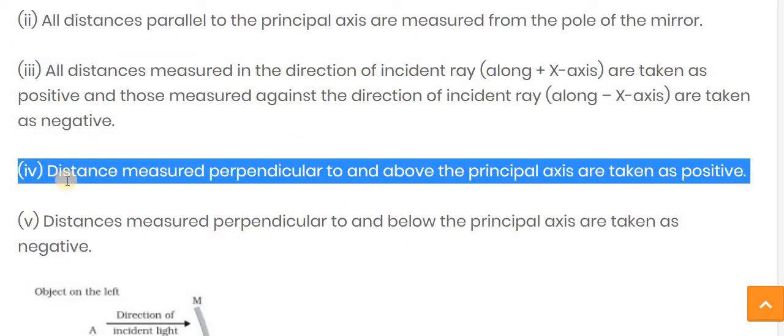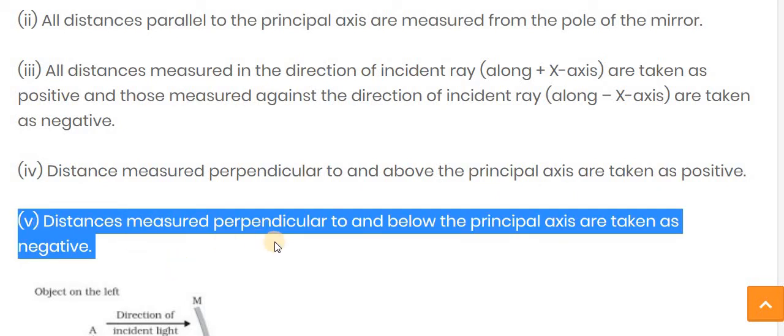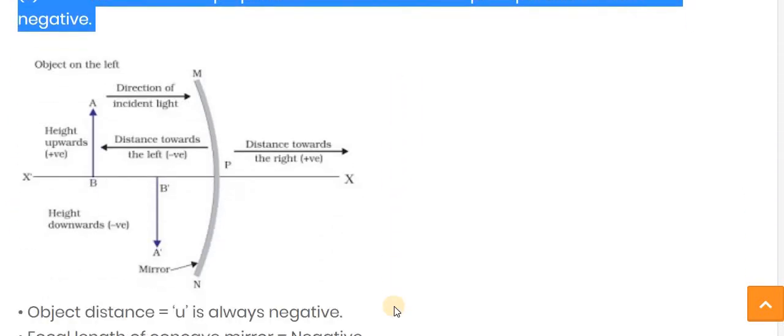The fourth rule is that distances measured perpendicular to and above the principal axis are taken as positive. The last rule is that distances measured perpendicular to and below the principal axis are taken as negative. Now let's see the figure so you can easily understand.